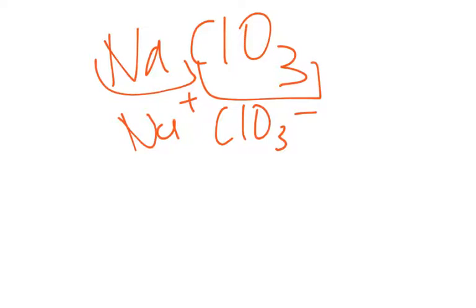Well, to tell you the truth, an ion is just a molecule or a compound that has lost or gained an electron. And since the mass of an electron is so small, we usually ignore the fact that something has gained or lost an electron in our calculations.